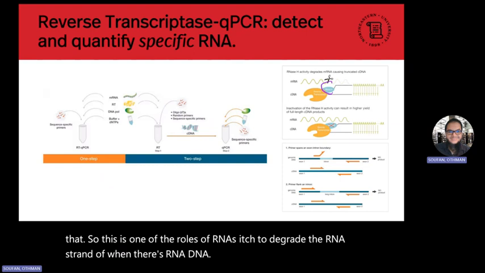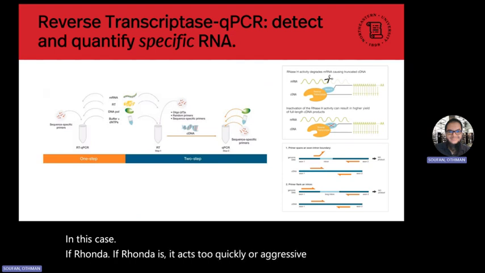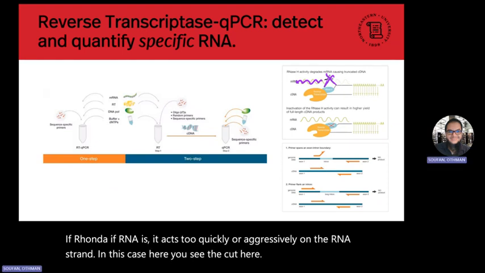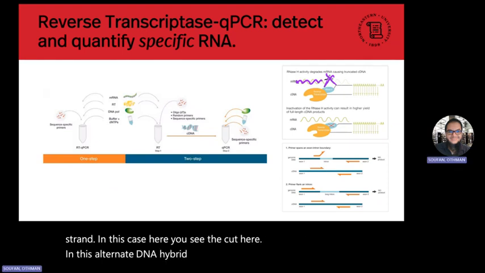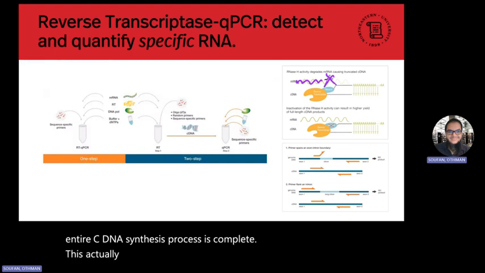However, one thing to note is, if RNase H acts too quickly or aggressively on the RNA strand, in this case here you see the cut in this RNA-DNA hybrid, the RNA can be degraded before the entire cDNA synthesis process is complete. This actually can result in truncated or incomplete cDNA.